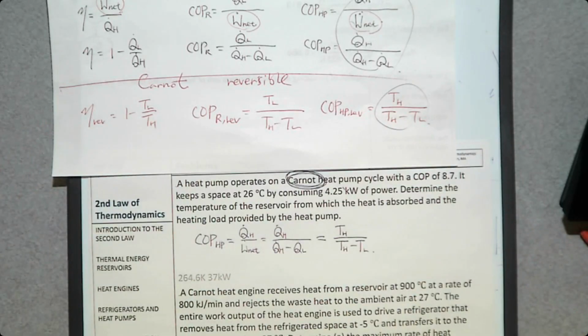And the COP is 8.7. That means if you spend 1 kilowatt of electricity, you can provide 8.7 kilowatt of heat transfer rate to the house.